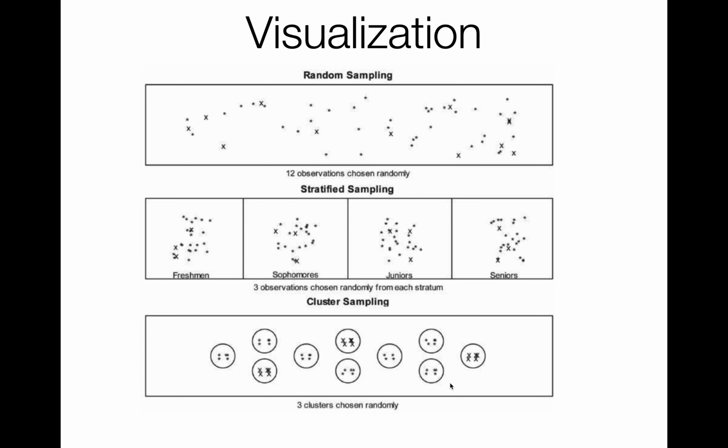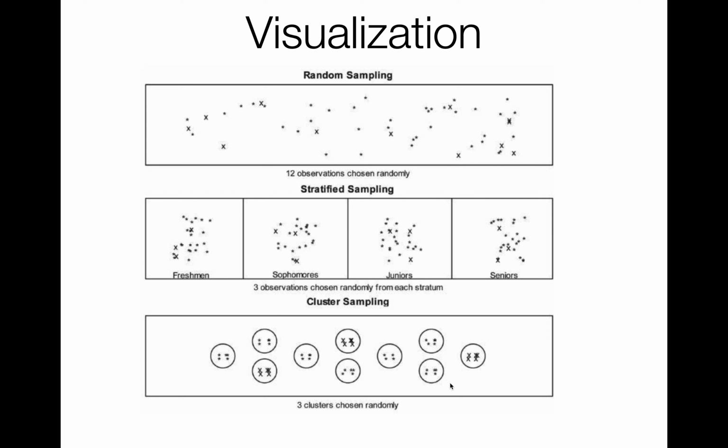Okay, so they're all over the place. That's random sampling. Stratified random sampling, you'll see that I broke them up into strata or groups, and the groups I picked were their year: freshman, sophomore, junior, or senior. Okay, and then I selected at random 3 people from each stratum or group. So you see I selected 3 freshmen, 3 sophomores, 3 juniors, and 3 seniors.